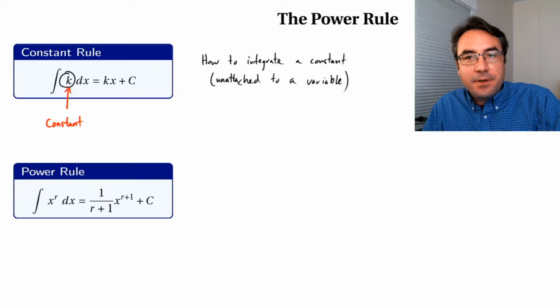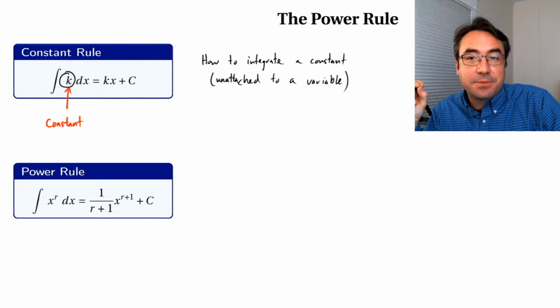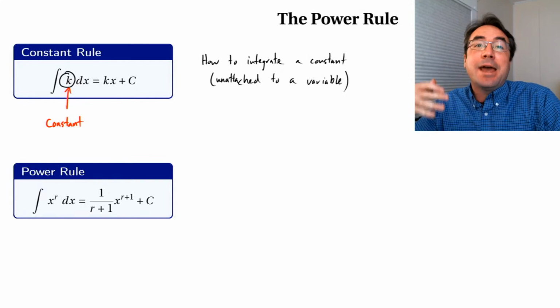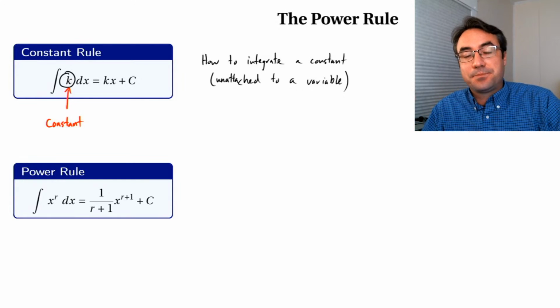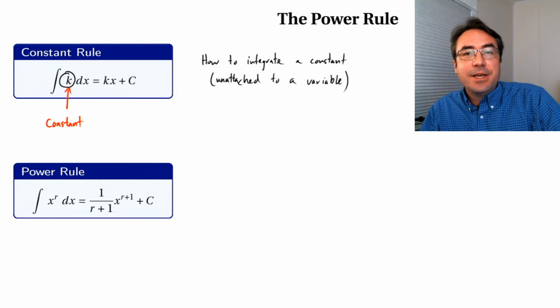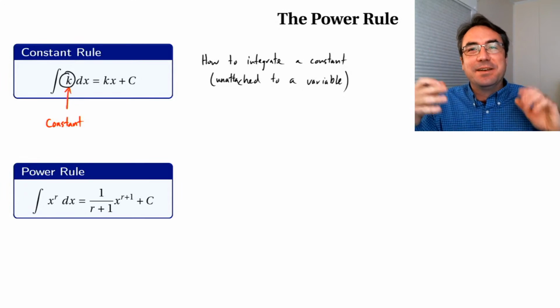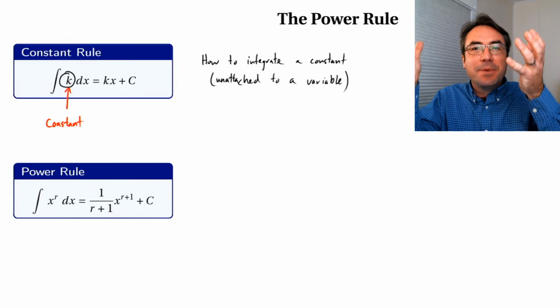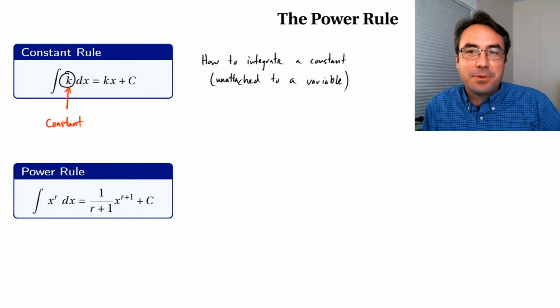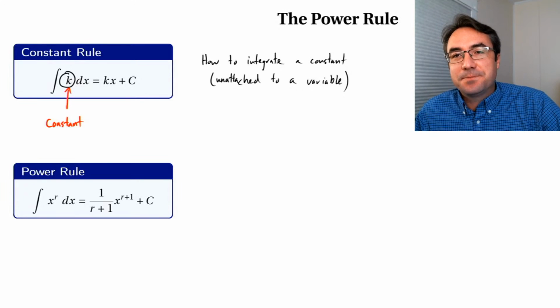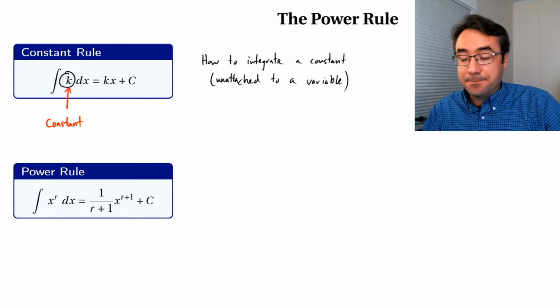For differentiation, the power rule was we subtract 1 from the exponent. With integration, we're doing the opposite. We want to add 1 back into the exponent. So when you do integration, you should be putting more variables in. You're building your function back up. Differentiation is taking variables away. That's the feeling when you do these. So in our integration version of the power rule, we're adding exponents back in.